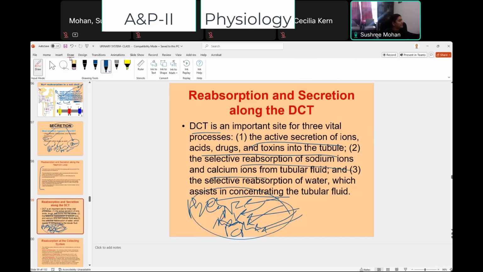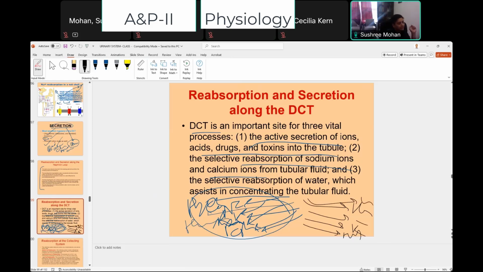What we are going to expel is urea, creatinine, some amount of potassium, some amount of H+. We are going to take back bicarbonate, HCO3 minus. We are going to remove creatinine, uric acid, urea, potassium, and some amount of H+. So that is by secretion.